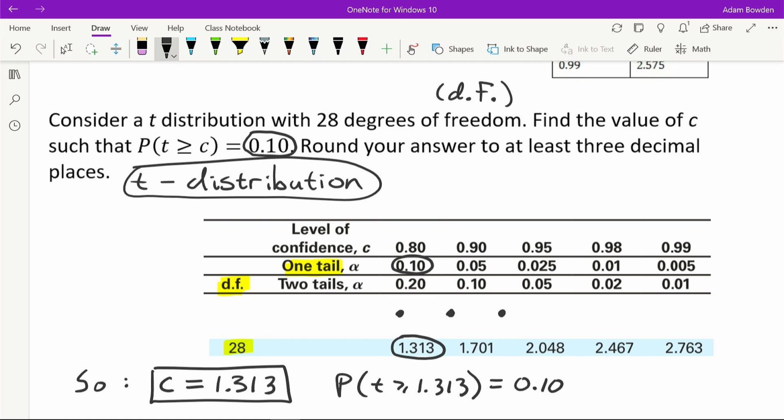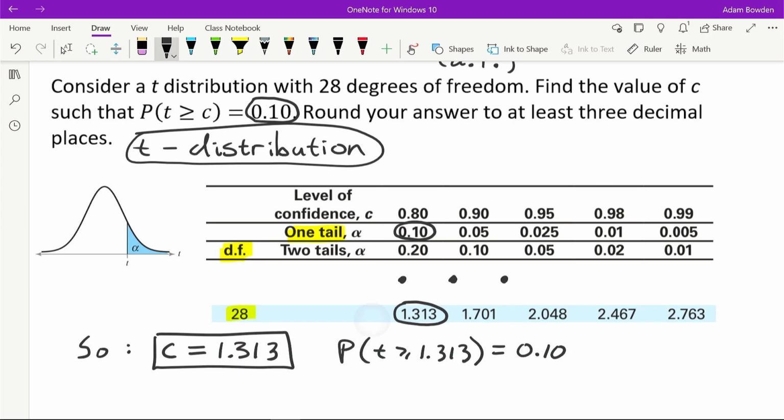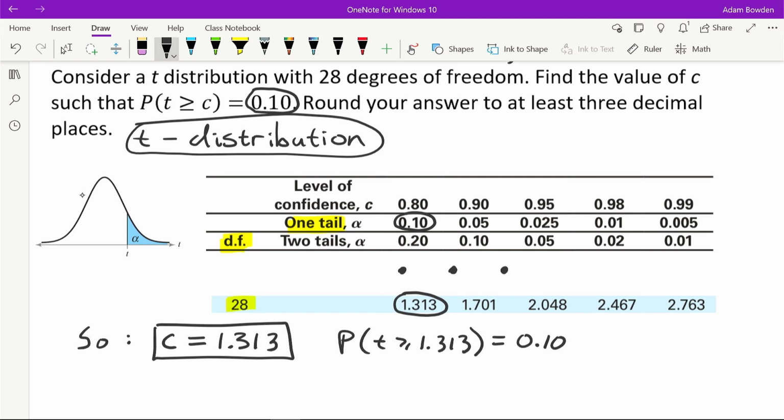It's kind of like our z-score table. It refers to part of the curve underneath the distribution. That's why on the table they give you this little picture where it shows different parts of the curve highlighted. And since we're dealing with T on the greater than or equal to side, that's pointing off to the one tail side. Sometimes they call this also right-tailed.